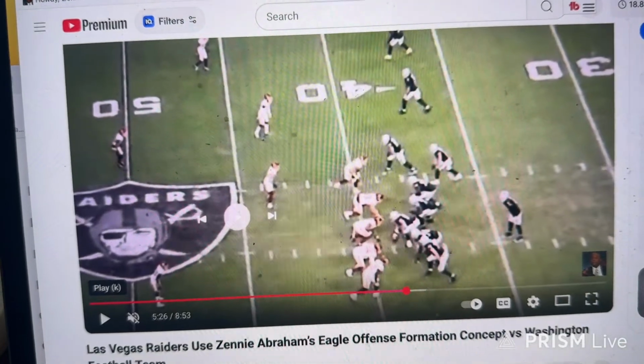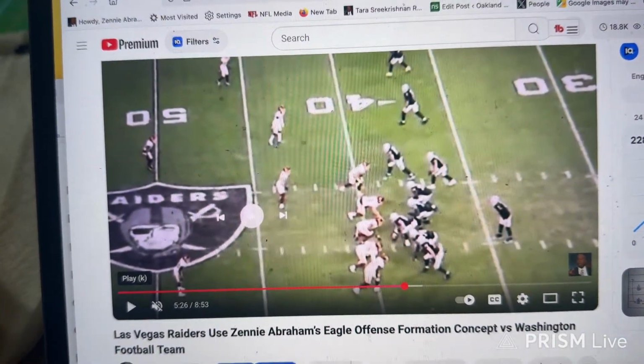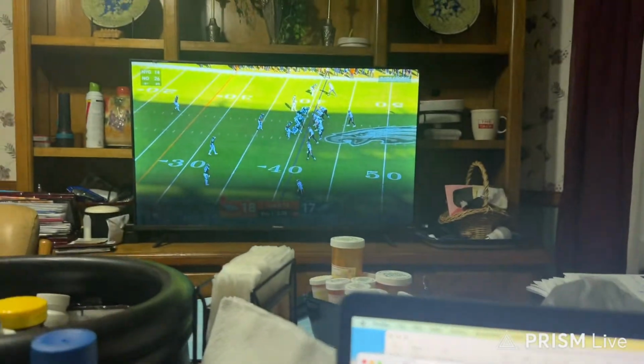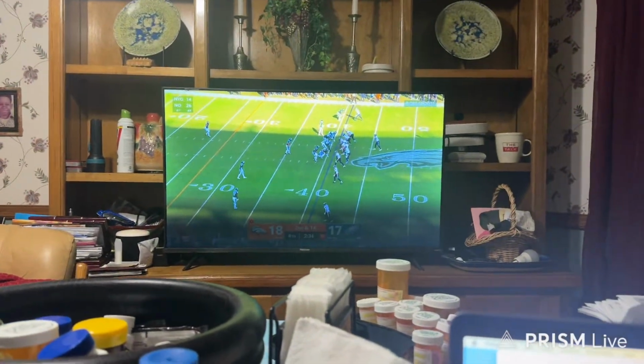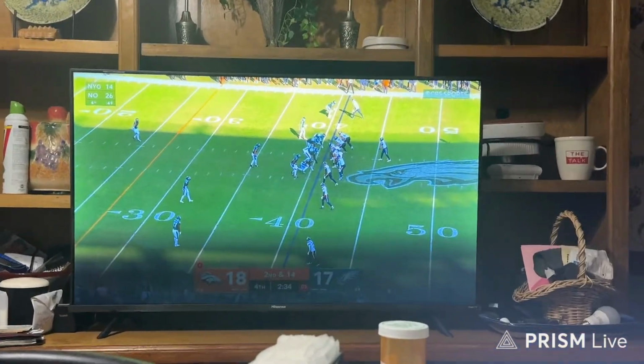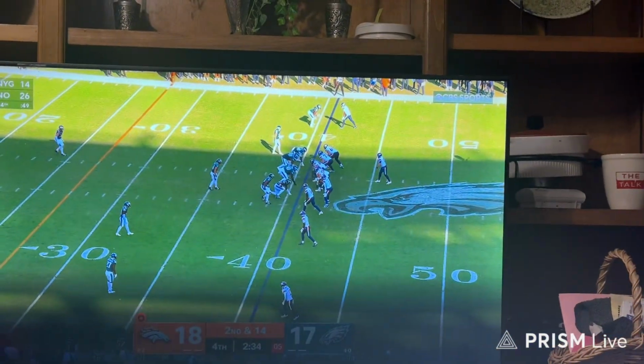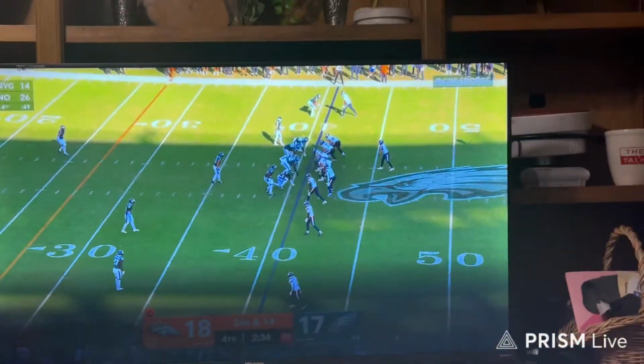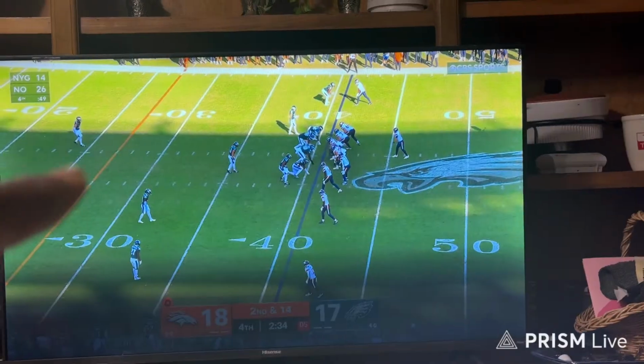Now, let's take a look at what the Broncos have done there. This was today. It's exactly the same formation as the Raiders ran, noted. However, flipped around, instead of on the right, they're on the left.